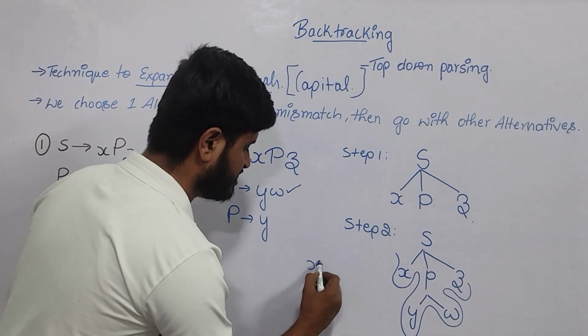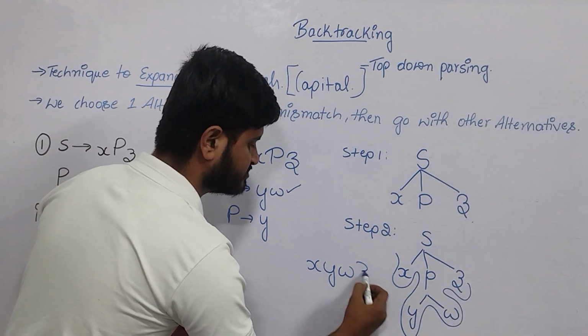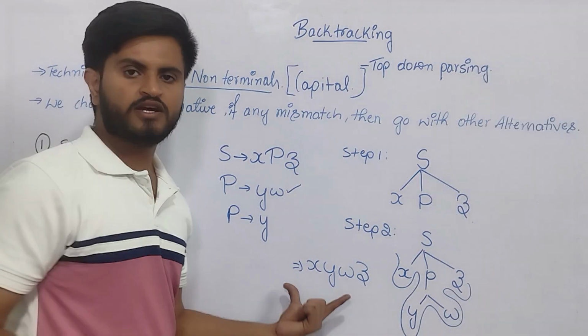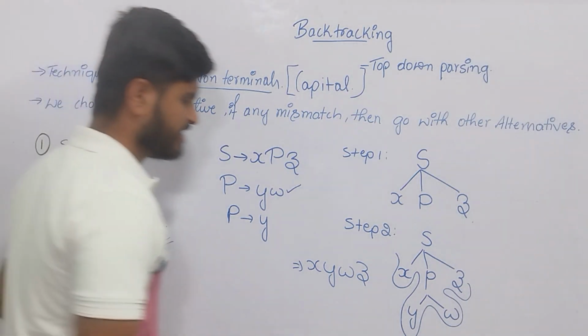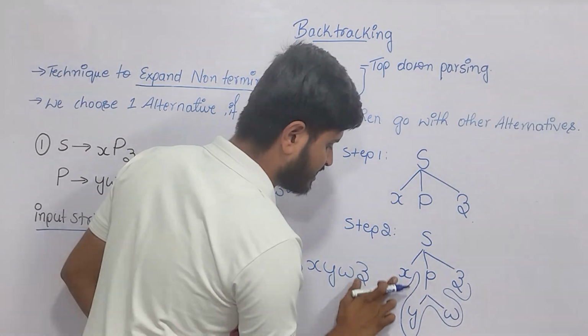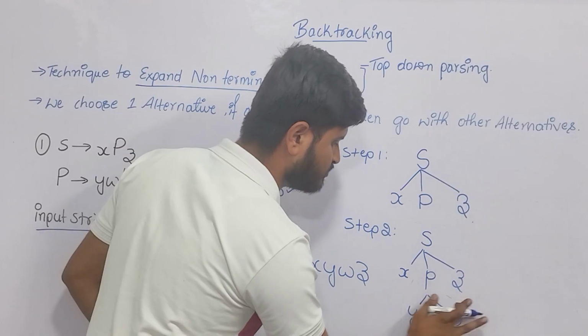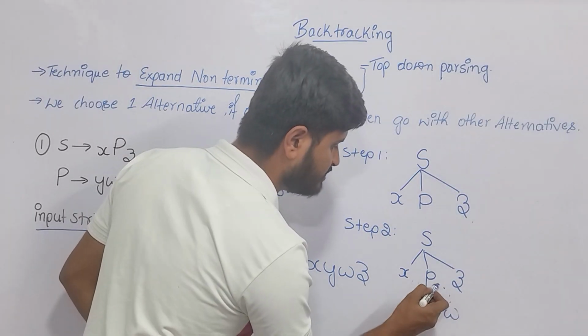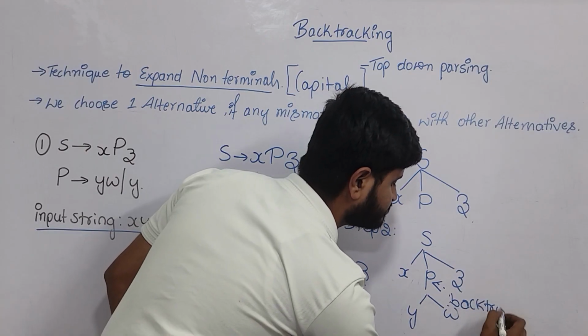So what will be my string? x, y, w and z. Is this my input string that I wanted? No. x, y, z. So what I will be doing is backtracking in this step. Because I did not get the favorable answer that I wanted, I will be backtracking. So this is backtracking.